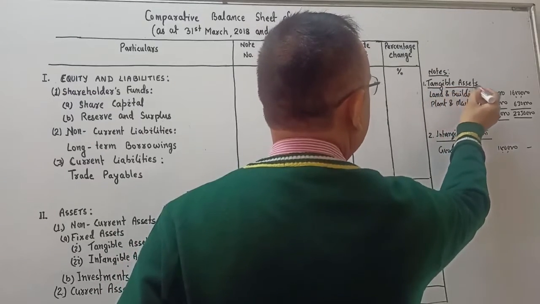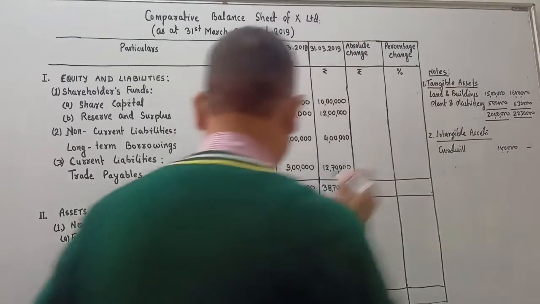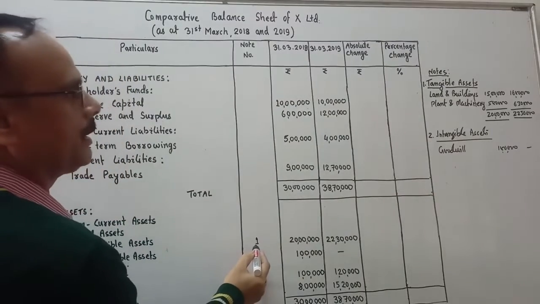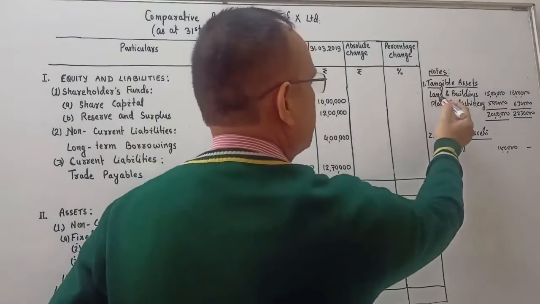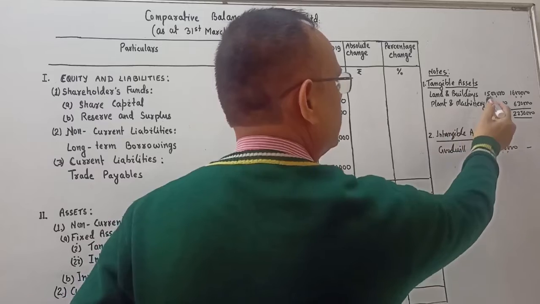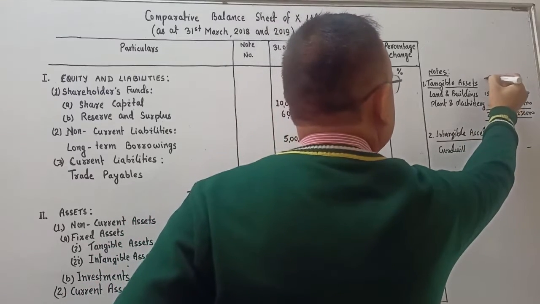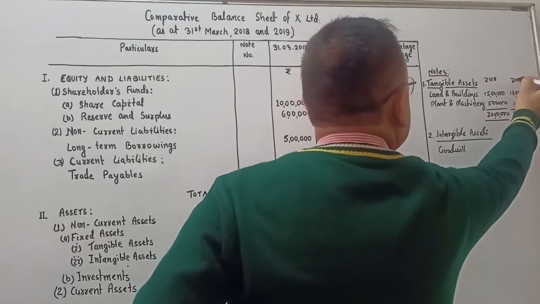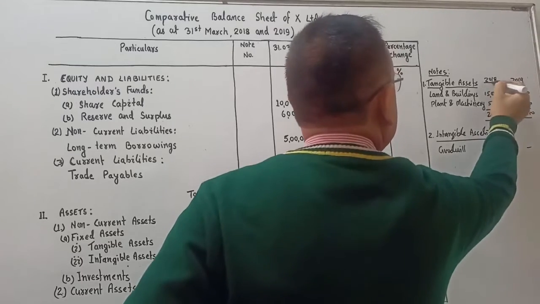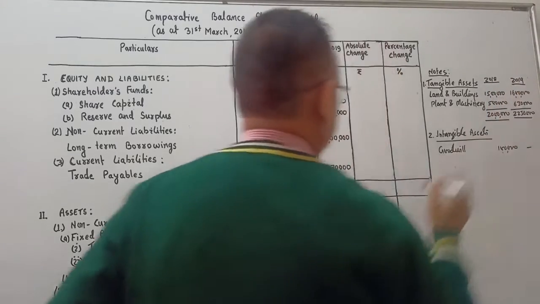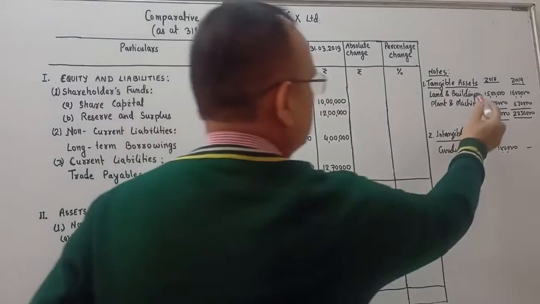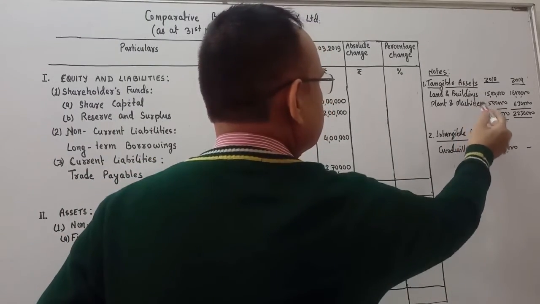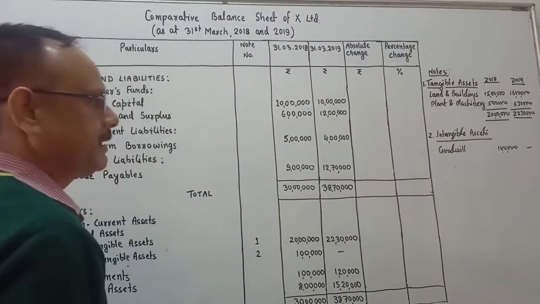In note to account number 1, I have written intangible assets, land and building and plant and machinery. This is the figure of 2018, and this is for 2019. Land and building and plant and machinery come under the tangible assets.